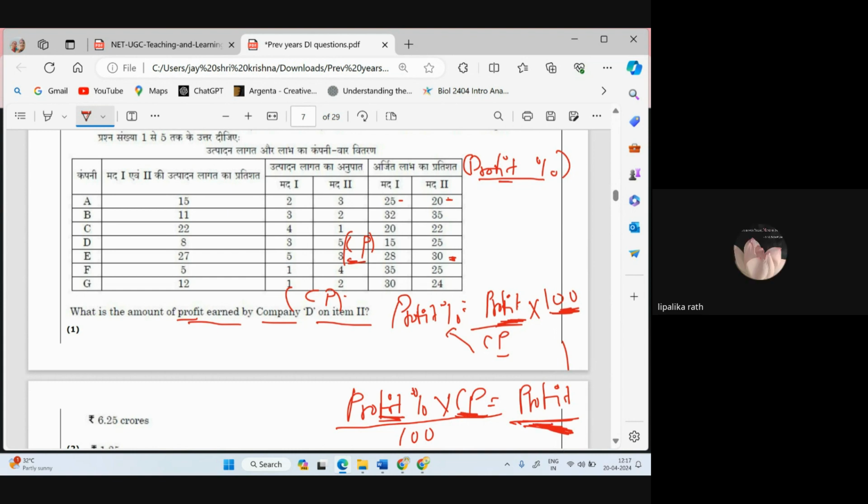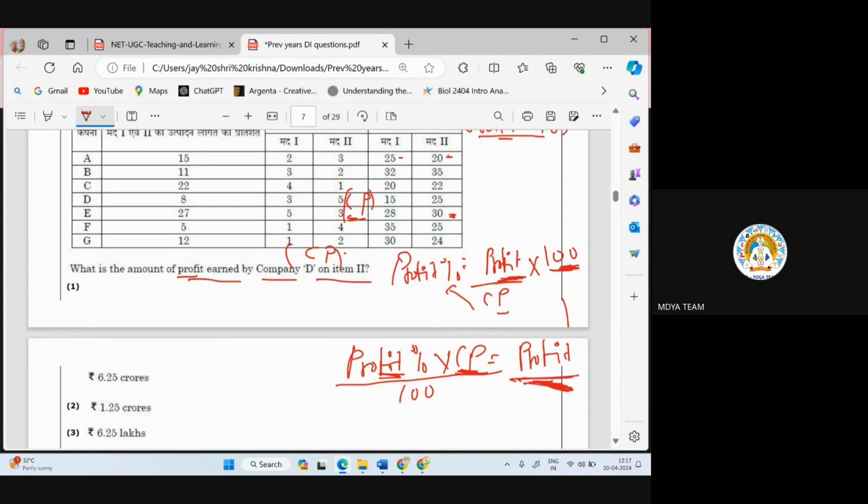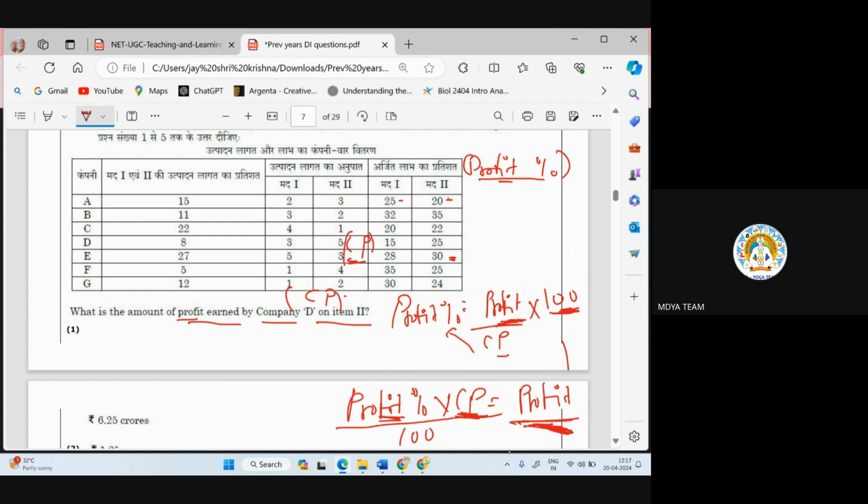Okay, just try. First, try to calculate this cost price step by step. We already derived the formula for profit.